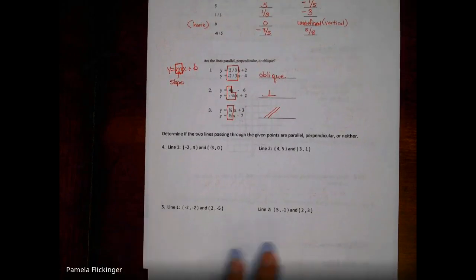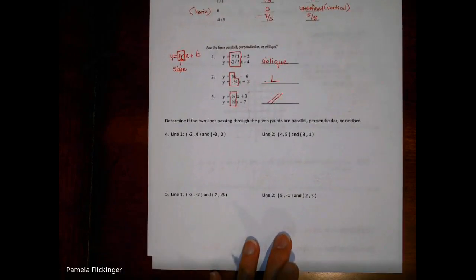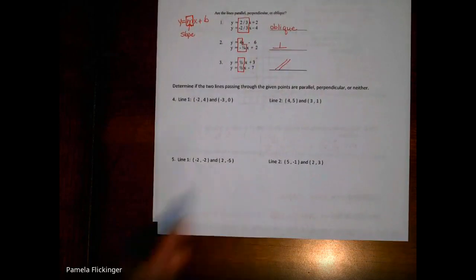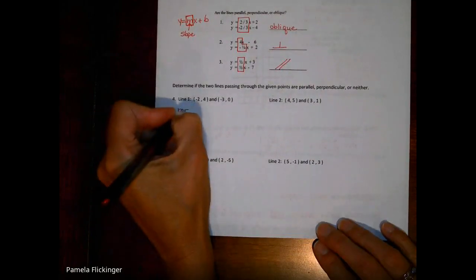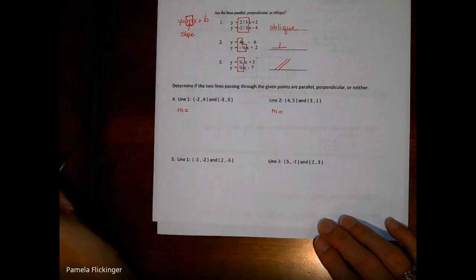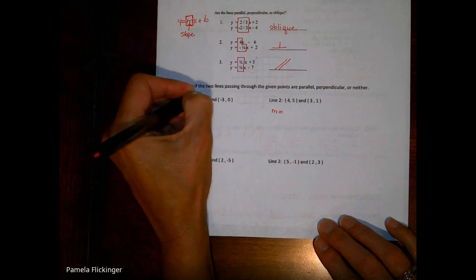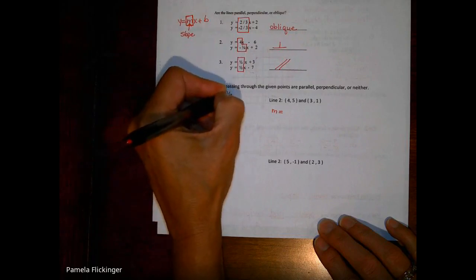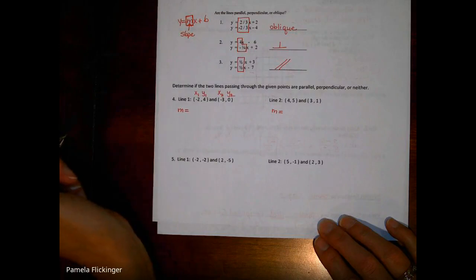All right. So moving on, determine if the two lines passing through the given points are parallel, perpendicular, or neither. Well, in order to do that, we need to know the slope. So if it's not given, we will find it. So we're going to find the slope for both line 1 and line 2. Again, identify if you need to, which are your x1, y1s and which are your x2, y2s.